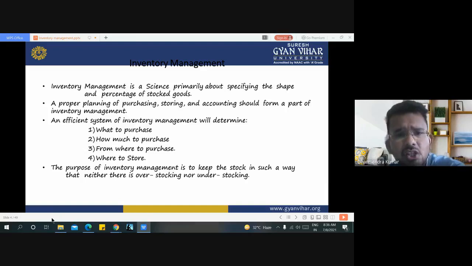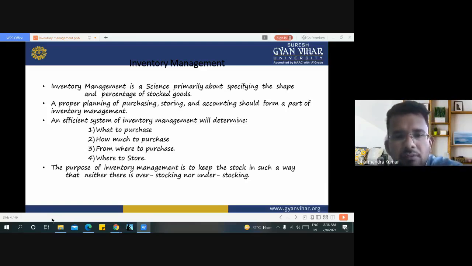An efficient system of inventory management will determine what to purchase, how much to purchase, from where to purchase, and where to store. Either we can store nearby our plant or we can store from where we purchase the goods.